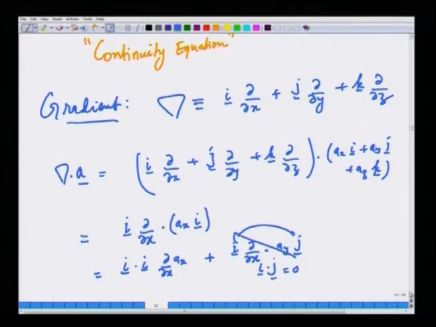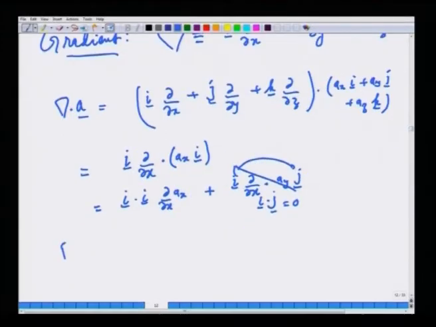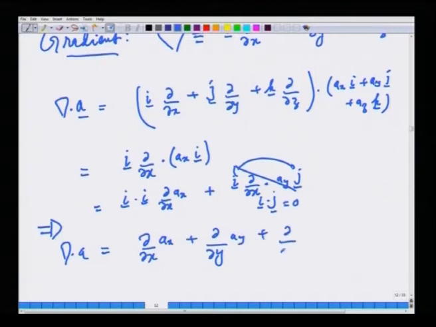The only contribution that will survive in the del dot A operation, therefore, is d dx of Ax plus d dy of Ay plus d dz of Az, because all the cross terms involving dAy dx, dAz dx and so on, they are all 0.